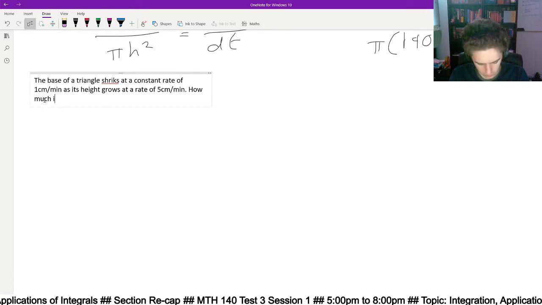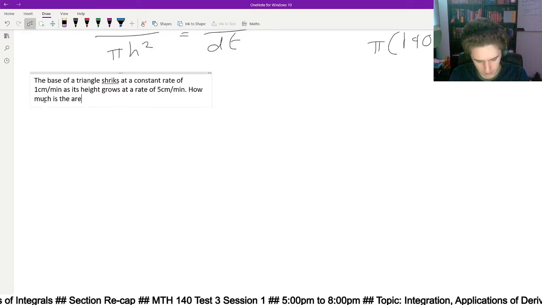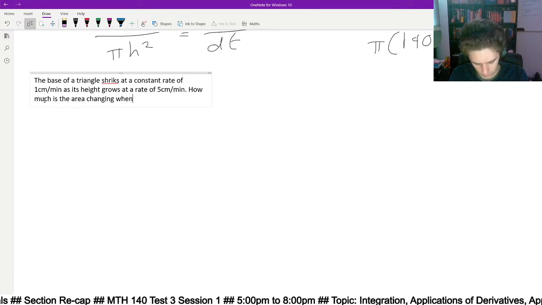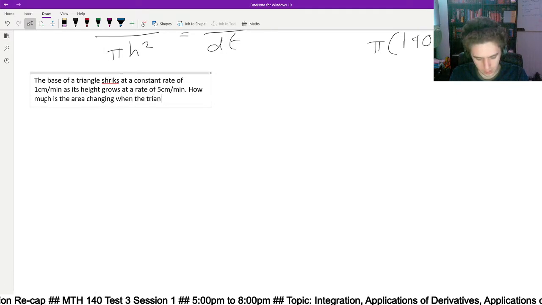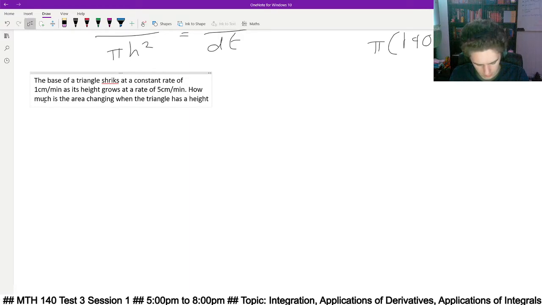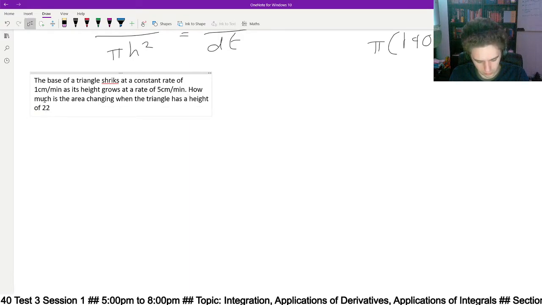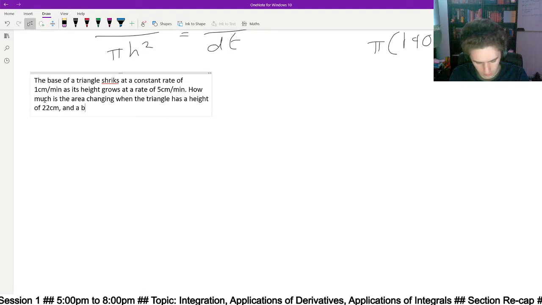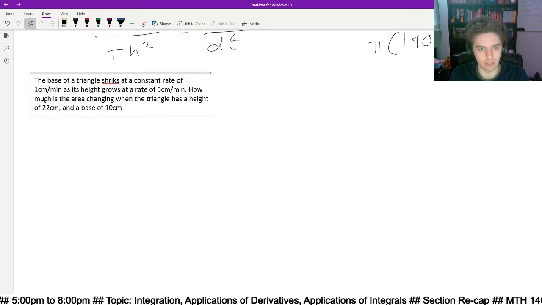How much is the area changing when the triangle has a height of 22 centimeters and a base of 10 centimeters?